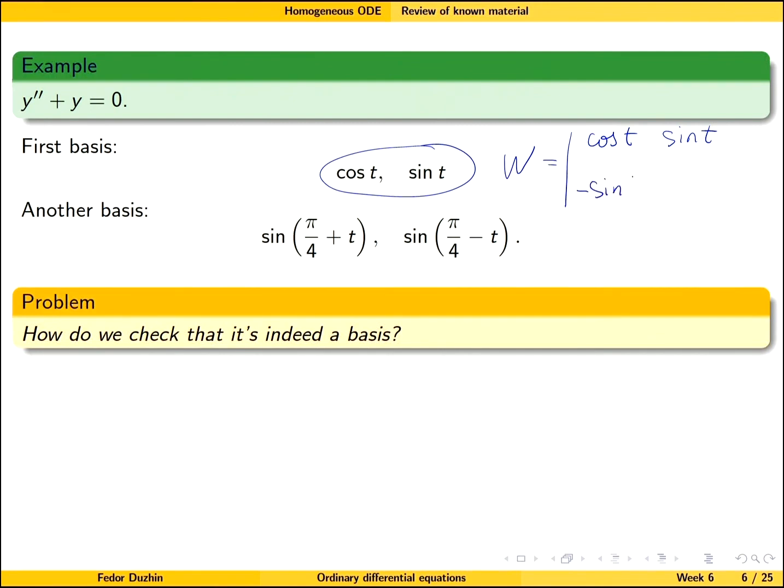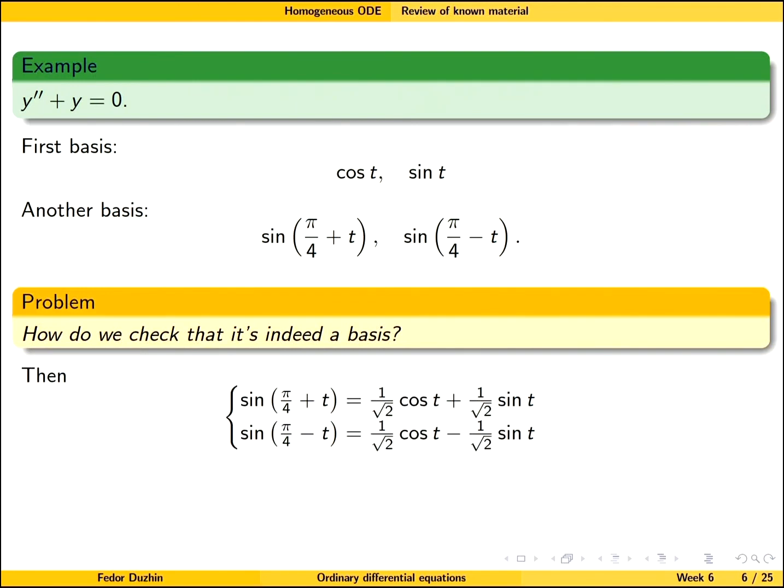So it's minus sine t and cosine t, and the Wronskian is going to be cosine squared t plus sine squared t, which is 1. And generally speaking, the Wronskian of two solutions of a second order differential equation is either 0, and then the solutions are linearly dependent, or is never 0, not for any value of t, then the solutions are linearly independent.